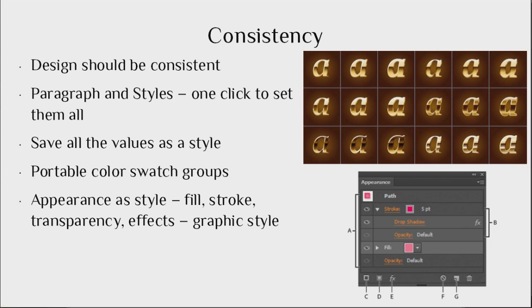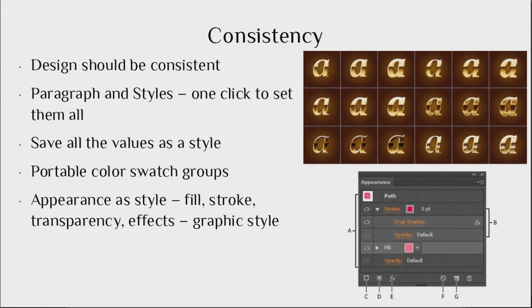So let us say you have 4 pages to create of a document, and you want to use the same font and same paragraph spacing. You don't have to refer to the numerical values again and again. Instead, you can save all the values as a style, and you can apply the style again and again so that it eases your process.